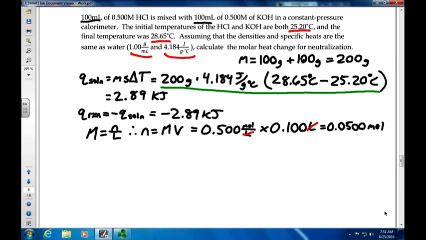So the heat of neutralization is going to equal negative 2.89 kilojoules divided by 0.0500 moles, which is equal to negative 57.8 kilojoules per mole.